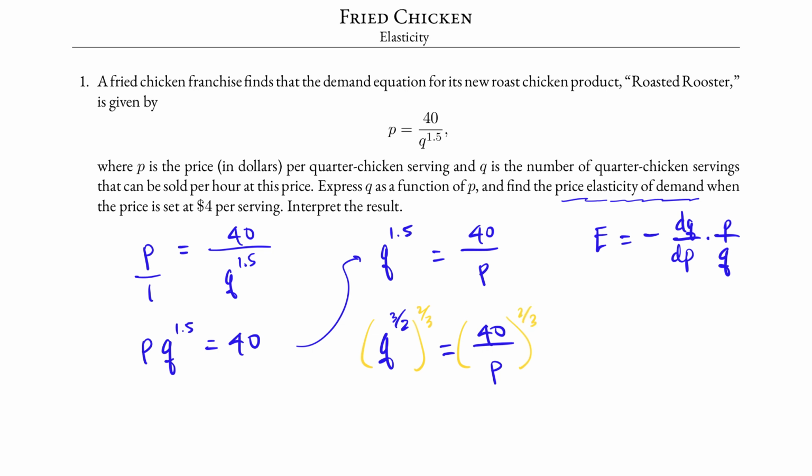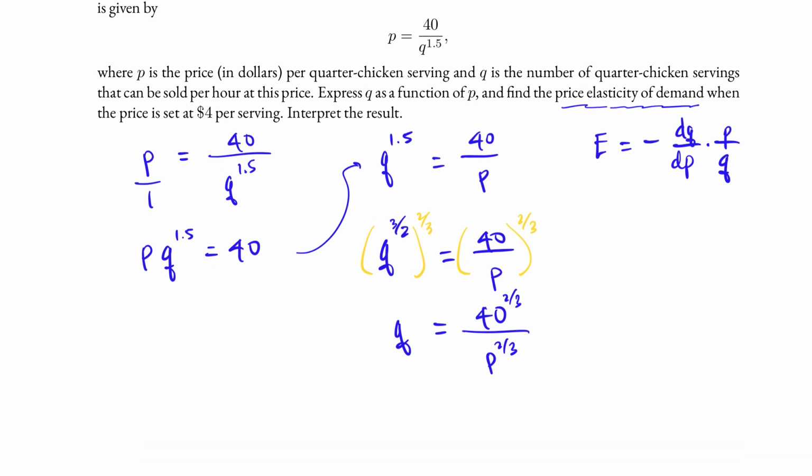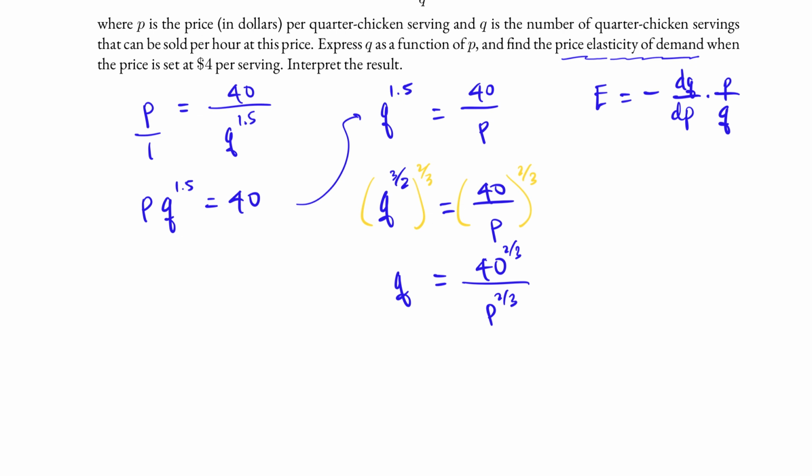On the left-hand side, the power 3/2 times 2/3 is 1, leaving us with Q to the 1 power, or Q. And the right-hand side is 40 to the 2/3 power over P to the 2/3 power. And this is now Q as a function of P.